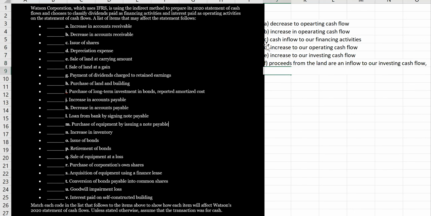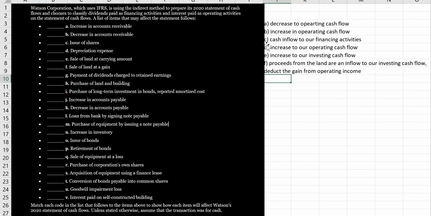But we're going to deduct the gain from operating income, because the gain is an accounting concept. So we're really just interested in the proceeds from the land. So the fact that the land was sold at a gain, we would need to deduct the gain from operating income because it would have increased our net income. So we're going to take it away. And then we'll have the proceeds in the investing section.